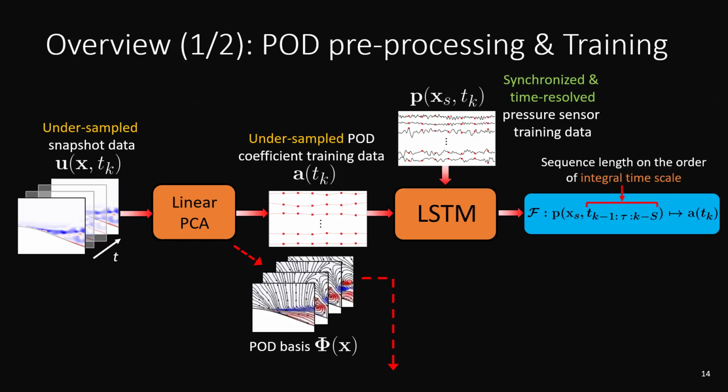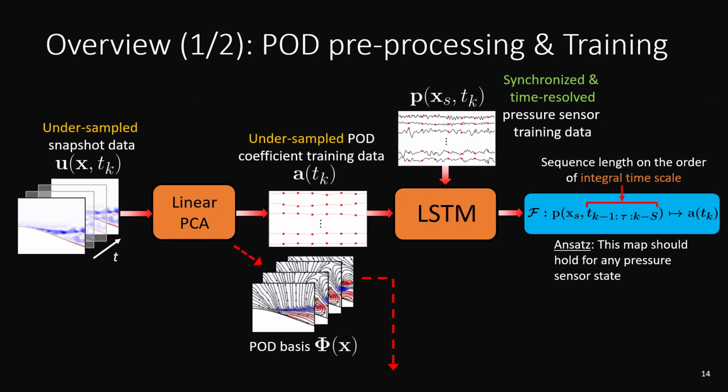We're using an LSTM to build this model for now, and we provide a historical sequence of pressure sensor information and ask the model to predict the latent representation of the coefficients. The ansatz here is that this map, if trained well, should hold for any pressure sensor state that you feed it.